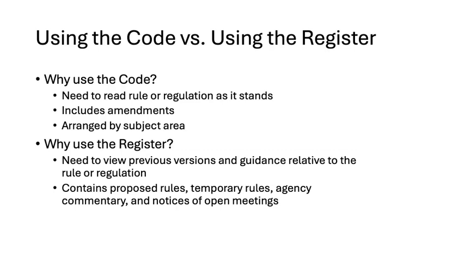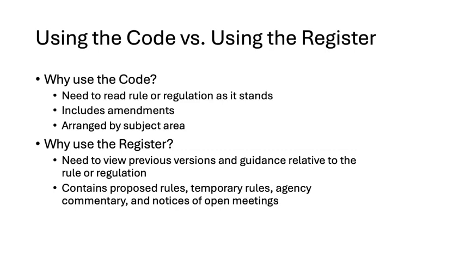So what about using the register? We would look to the register, either the federal or Texas Register, if we needed to view previous versions of these rules or regulations. And we might also look to them to find guidance that is relative to that particular rule or regulation.